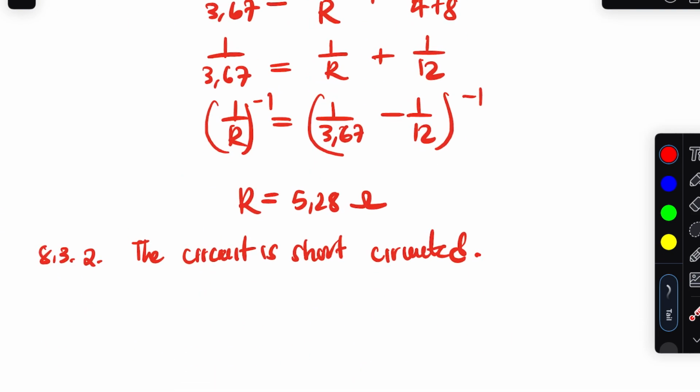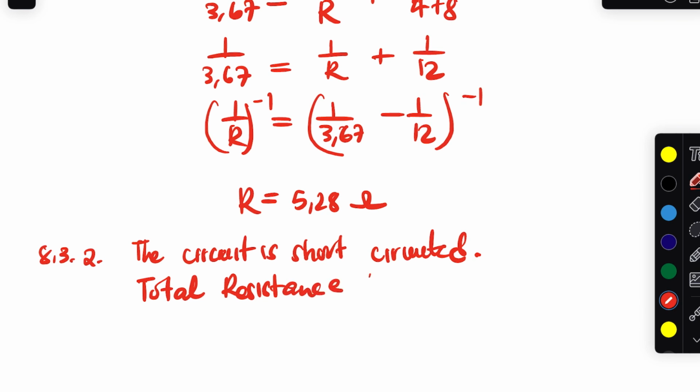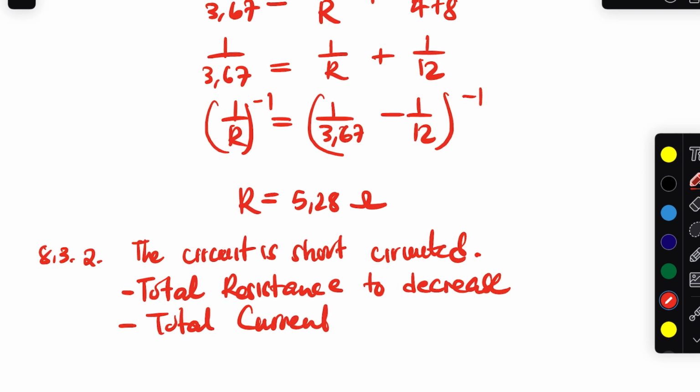That causes the total resistance to decrease. If the total resistance decreases, the total current is going to increase in the circuit.